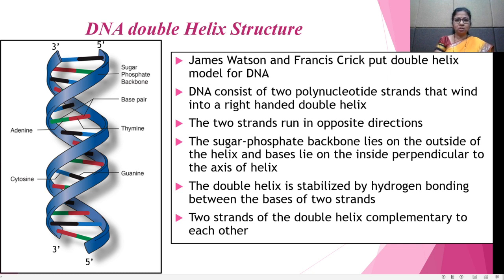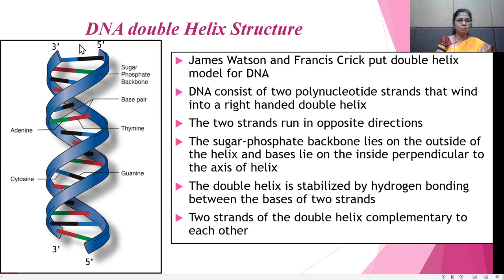Double helix structure. James Watson and Francis Crick put forward the double helix model for DNA. This is the double helix model. This DNA consists of two polynucleotide strands which wind into a right-handed double helix.